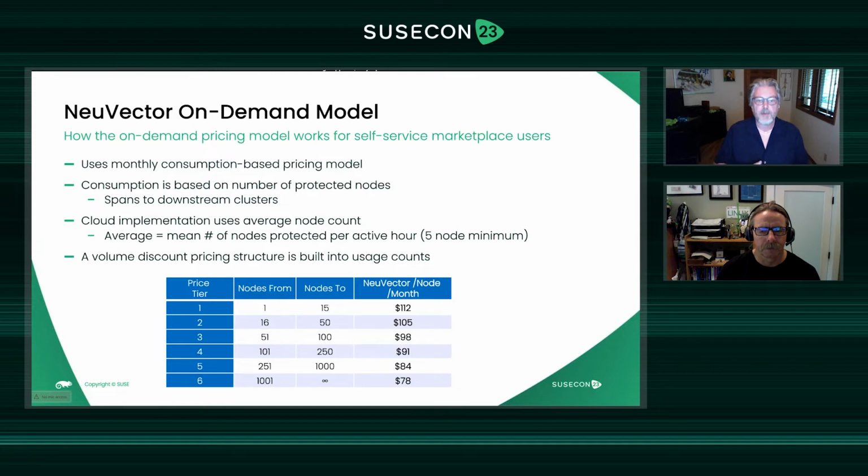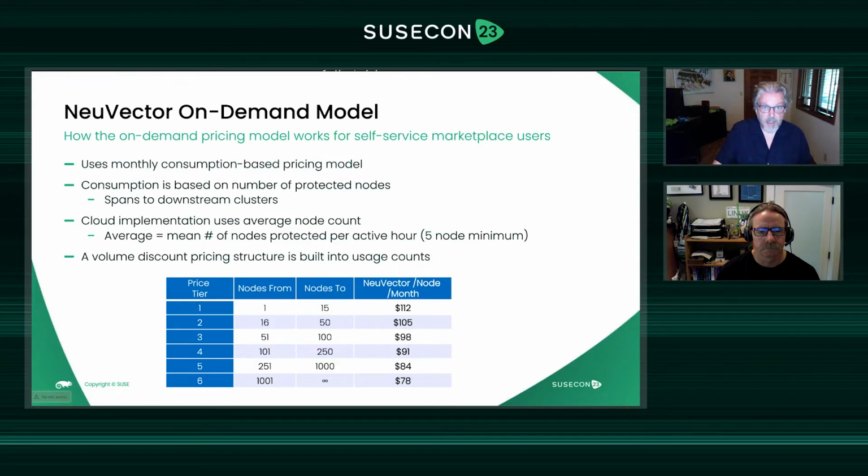The way this really works is in the cloud, we're going to publish this as a monthly consumption based model. That means if you get NeuVector from the marketplace and turn it on, you're going to get a 1 month charge based on the average nodes used while the product is active. The consumption is based on the number of protected nodes from the primary cluster and all the downstream clusters that are managed by it.